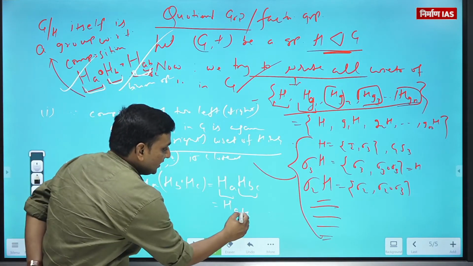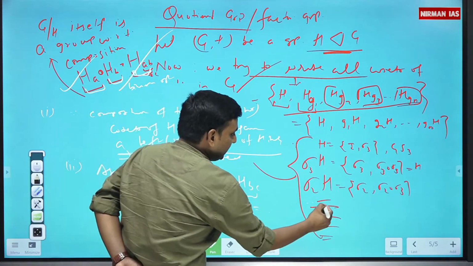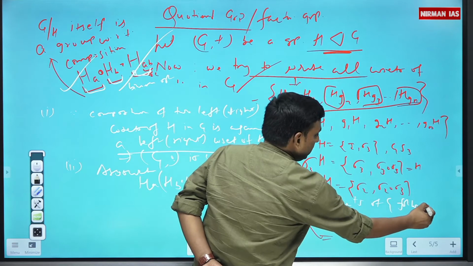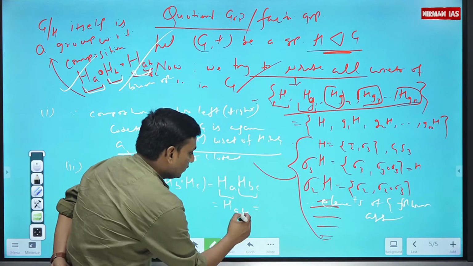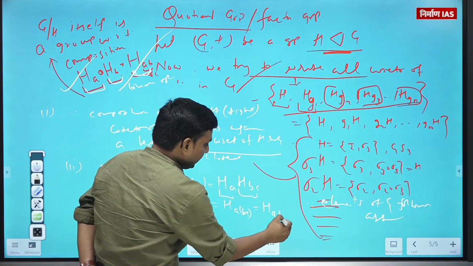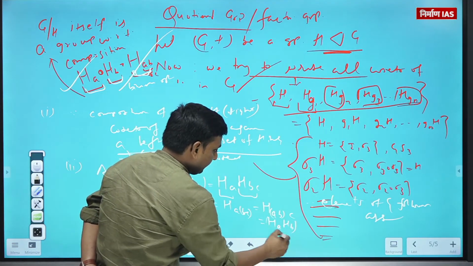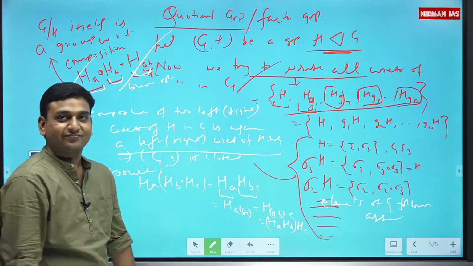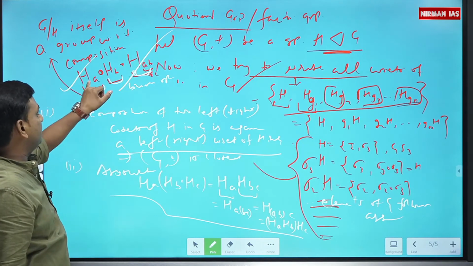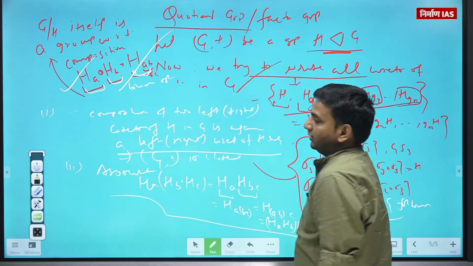Now, since a, b, c are coming from the capital G and elements of G follow associativity, I can write a composition bc as well. So this shows that GH with respect to this composition also follows associativity. Is there any doubt?